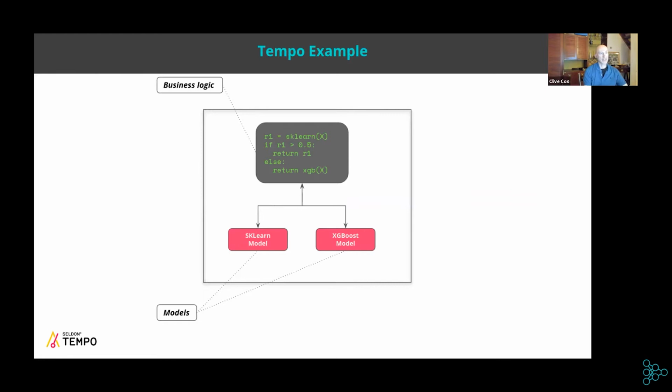And then obviously we can take it to the next stage and build up more complex graphs. You can envision having a couple of models that you've created, one sklearn model, one XGBoost model, and then a bit of custom Python logic. Maybe here is just an example: we call the sklearn model, we'll show you an example in a second, but you can call it pretty much like a function.